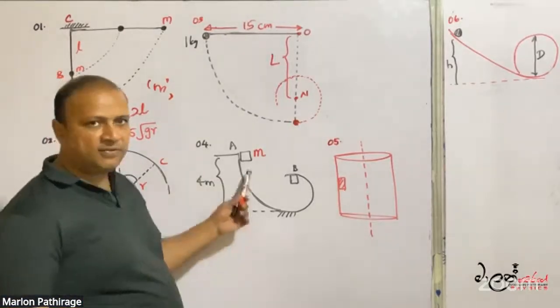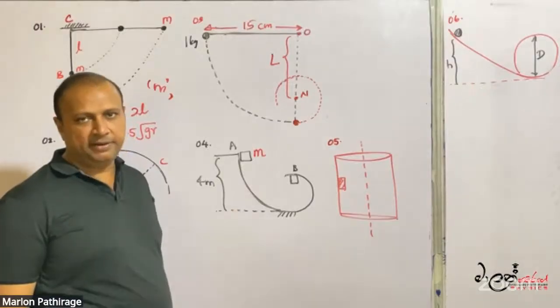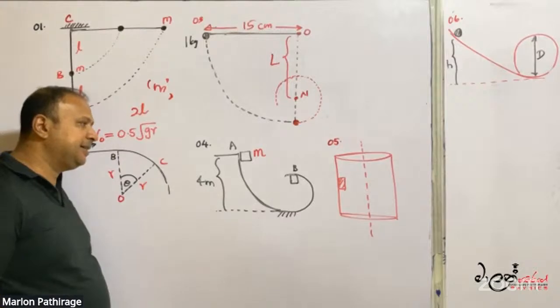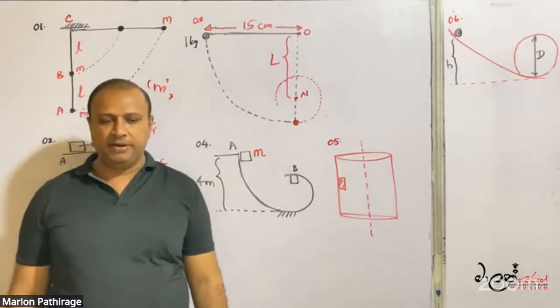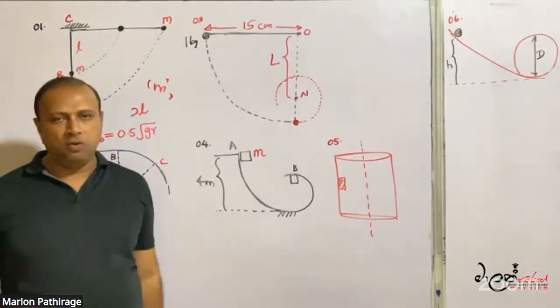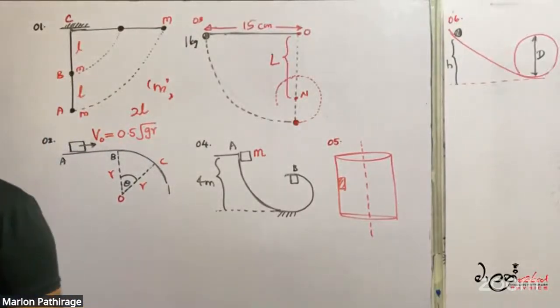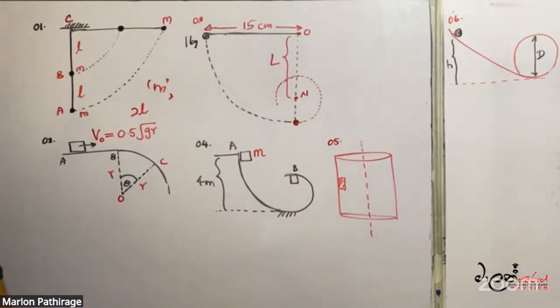The radius of the circular path is 1 meter. Sorry.